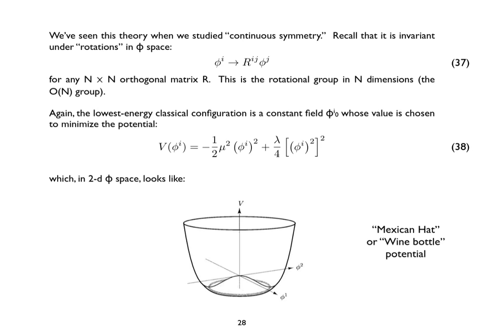I have this 3-dimensional thing, right? So now I have basically infinite choices that I can make when I shift the field to expand around the minimum of the potential. I've got a lot more choices, right?